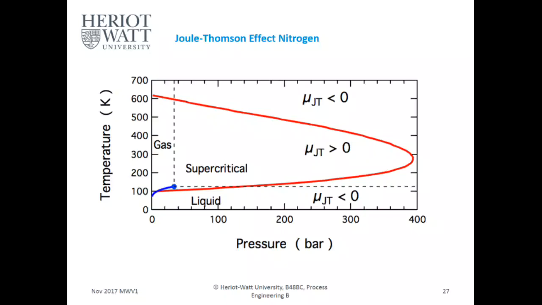Do you guys know what supercritical means? Hands up if you know what supercritical means. What does it mean? Exactly. So you can't define its property, right? The pressure or the temperature is so high, you can't define the property. It can be either one.